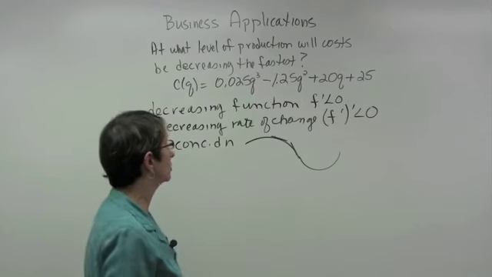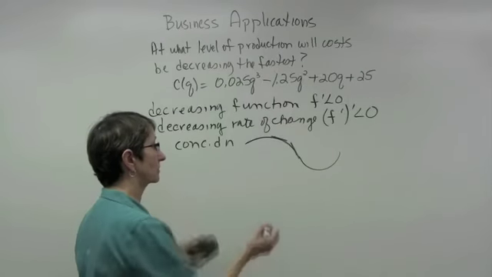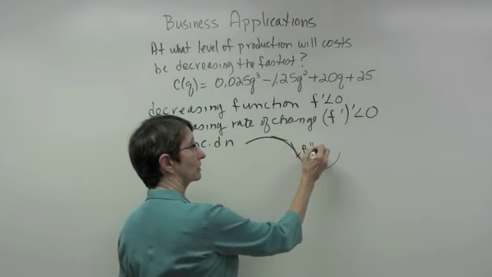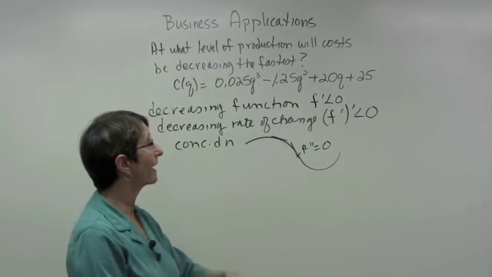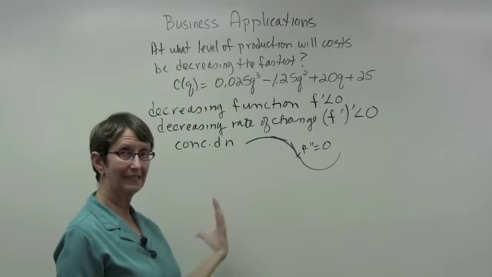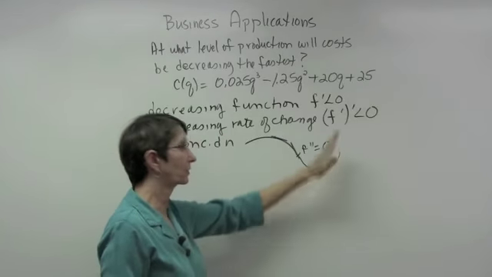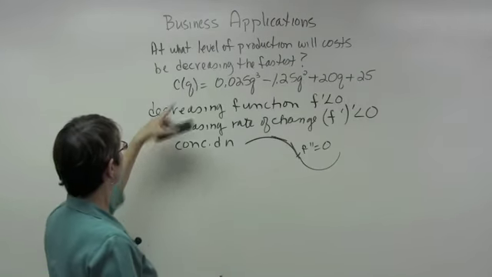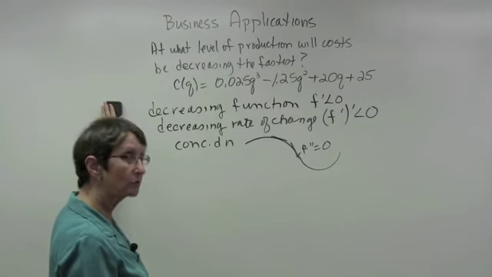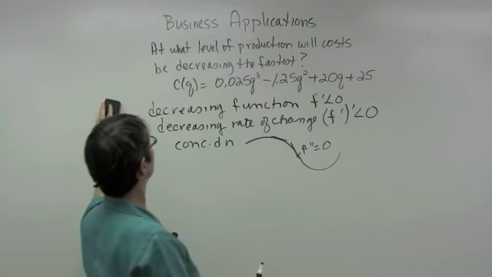So what we want to do is take our second derivative, set it equal to 0, and find where it is decreasing, so we'll know exactly where it's concave down before it goes concave up. Let's go back up here now and take the first derivative and the second derivative.